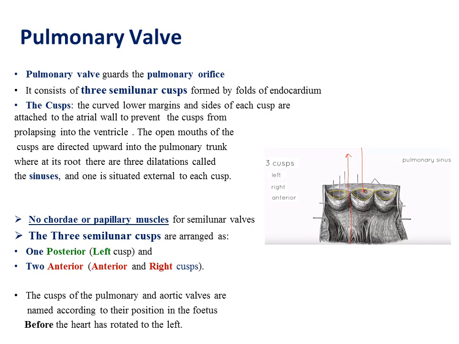But in adults it could change. The cusps of the pulmonary and aortic valves are named according to their position in the fetus. In adults there is some rotation to the left, and the names become left, right, and anterior cusps of the pulmonary valve.